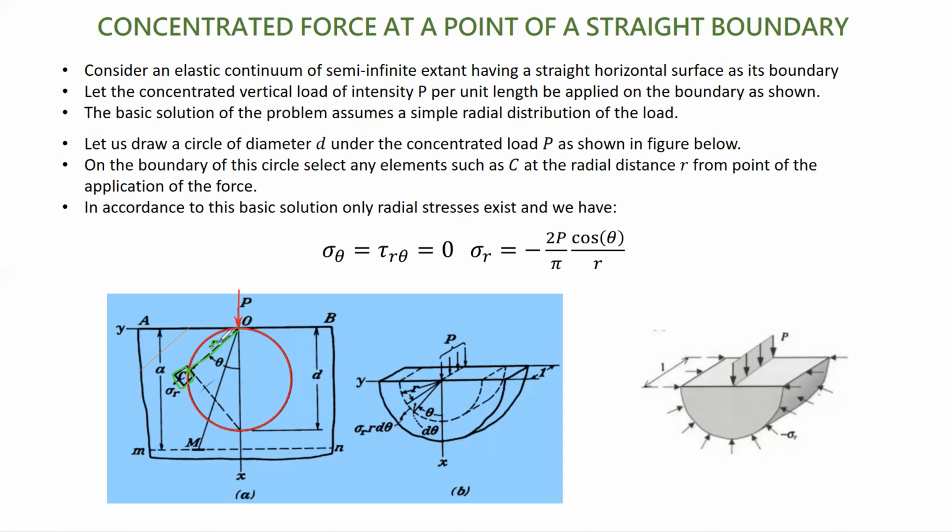The coordinates of this element are defined by the radius r and the angle theta. So a polar element on the circumference of this circle of diameter d is selected.